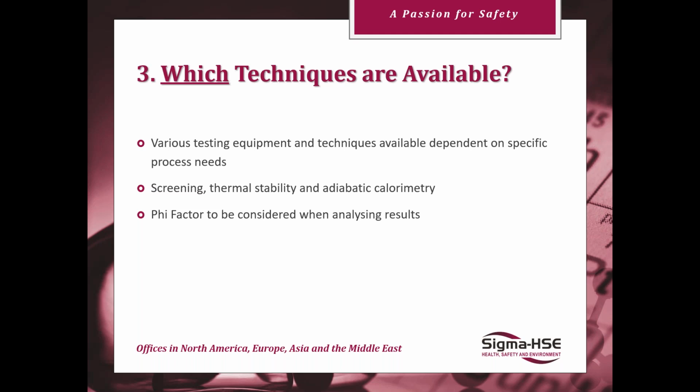We have screening and thermal stability testing and adiabatic calorimetry testing. Coming back to the size effects, I'll go into what the phi-factor is in a little time, but the phi-factor needs to be considered when analysing results.